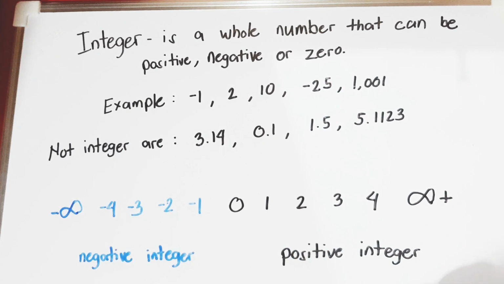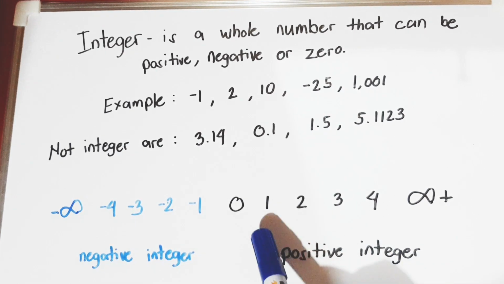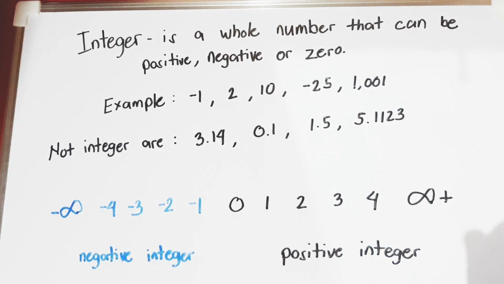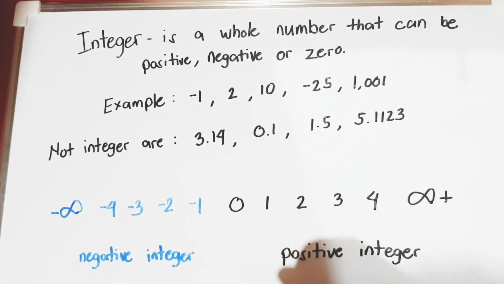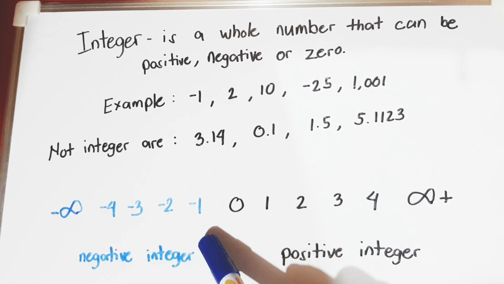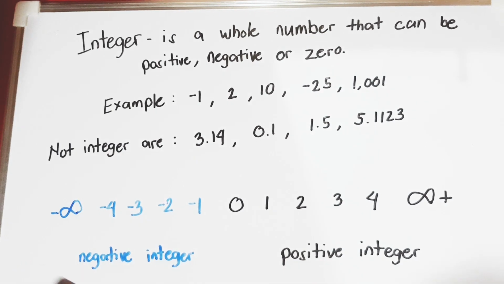The black numbers are the positive integers, 1 up to infinity, and the blue side holds the negative integers. Negative 1 until negative infinity are the so-called negative integers.